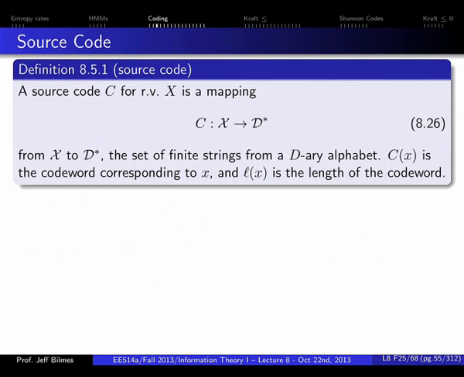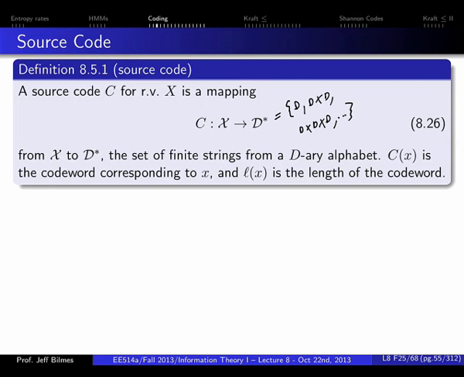is a code for a random variable. It's a mapping or function that maps from the domain of the random variable to a set of strings. So D star is finite strings from a D-ary alphabet. If this isn't clear, D star is the set D, comma, D times D, comma, D times D times D, comma, dot dot dot.